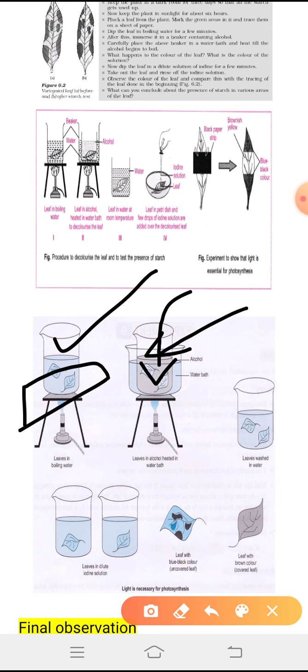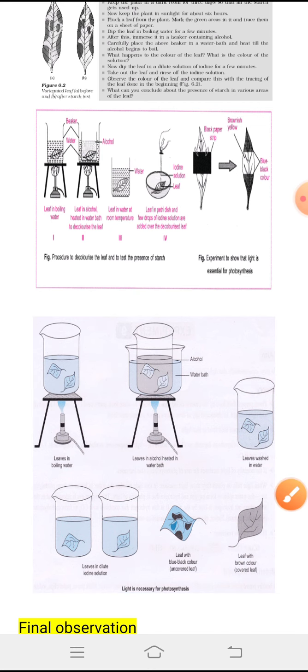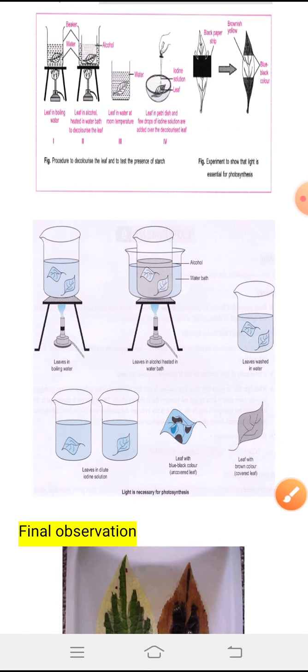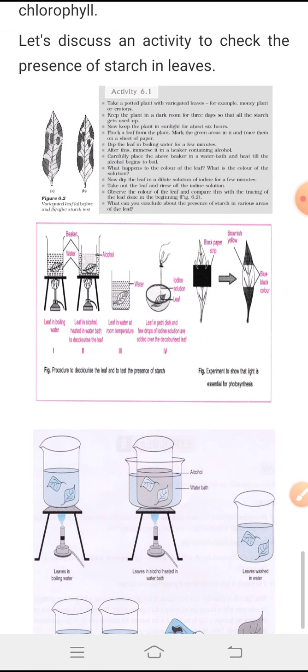It means the chlorophyll present in the leaf is being removed once it is placed inside the alcohol and heated up. Once the color has been removed from the leaf, let us stop heating, remove the beaker containing the alcohol and leaf, and keep the leaf in a bowl.